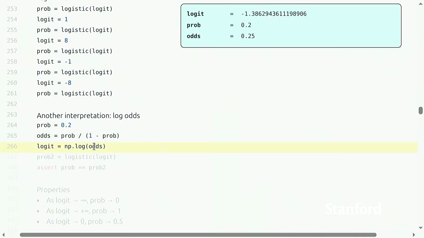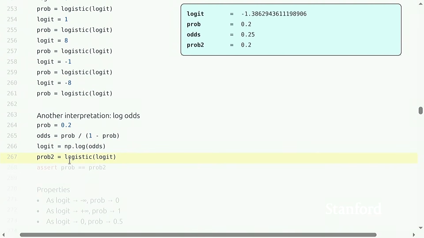If you divide the probability by 1 minus the probability, this is called the odds. So if I have 0.2 probability divided by 0.8, that's odds of 0.25 or 1 over 4. Okay, so that's a familiar notion if you think about betting. And then if you take the log of that, that is actually exactly the logit.